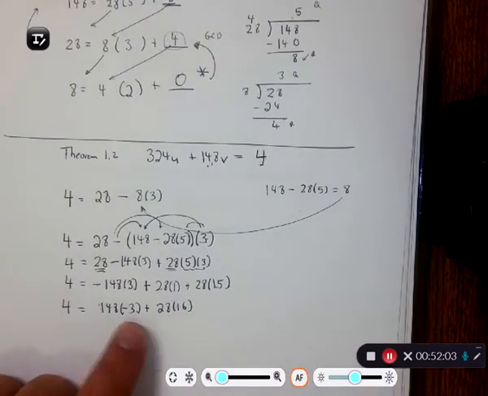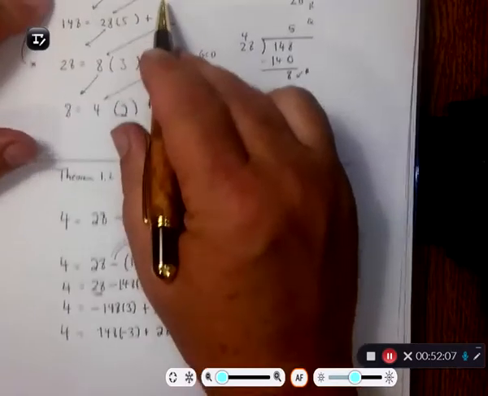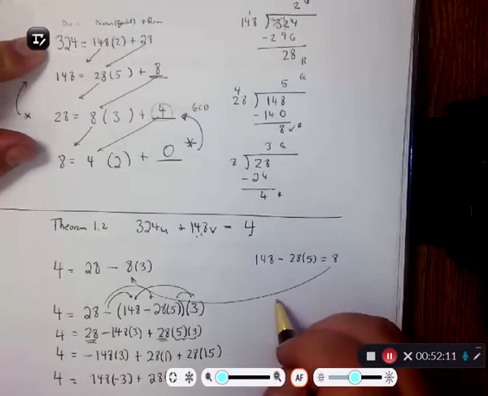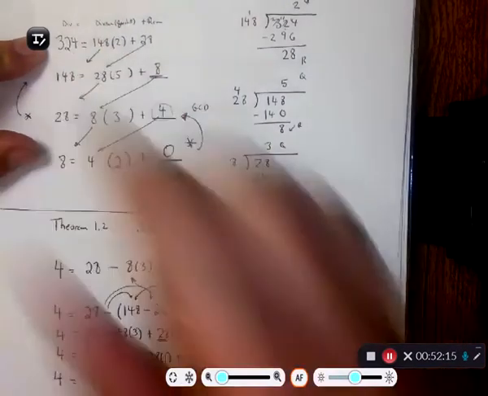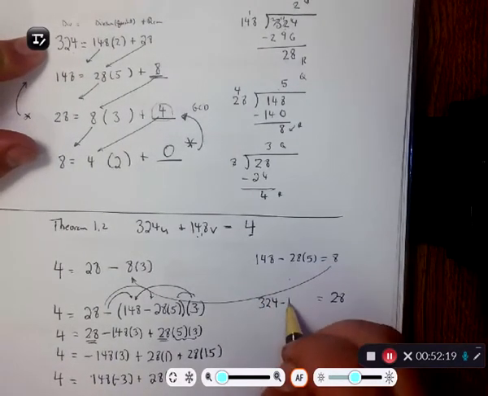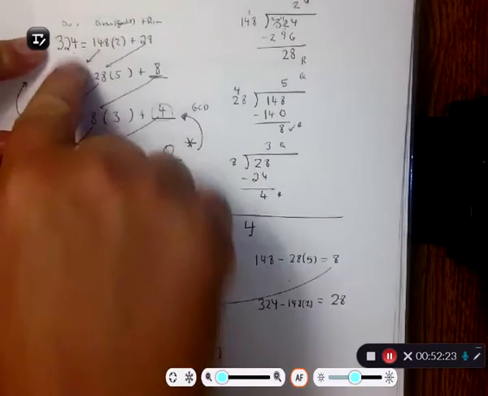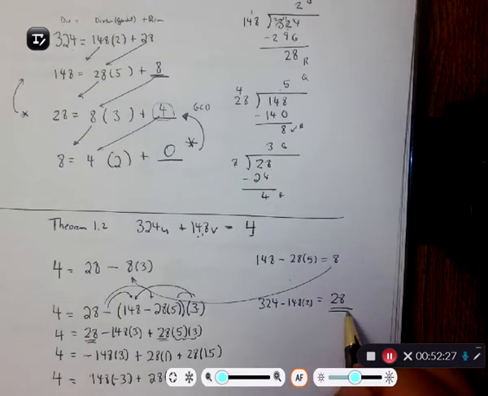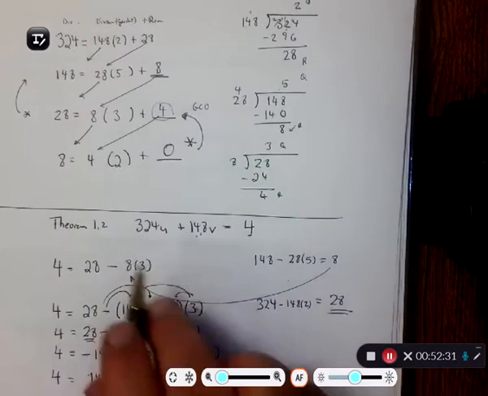But wait, now I'm going to go up here and take this equation way at the top and solve for 28. And when I solve for 28, I get 28 equals, moving this to the other side, 324 minus 148 times 2. All I did was move this to the other side. And I'm going to substitute in for the 28 this equation, which has the A and the B that I'm actually after.